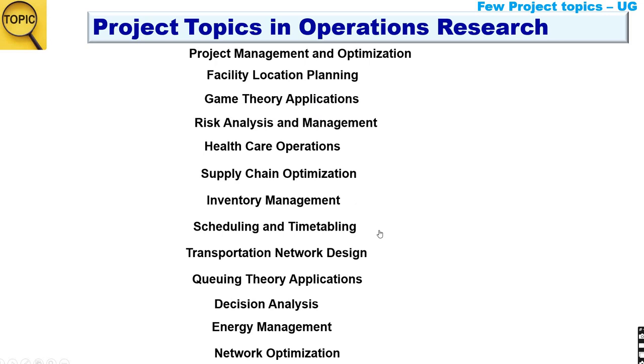So all of these project topics will be interesting ones in operations research. Any one of them can be chosen, and there are a lot more in operations research. Only very few are mentioned here.